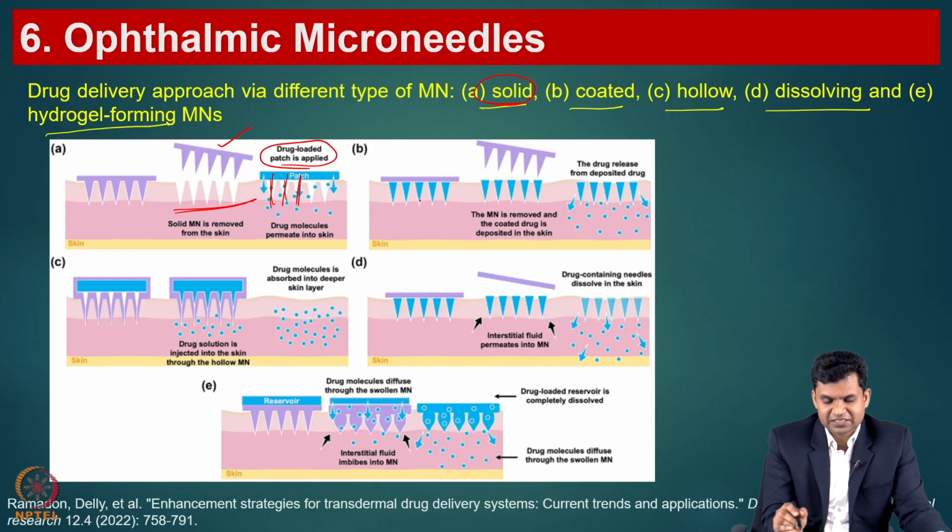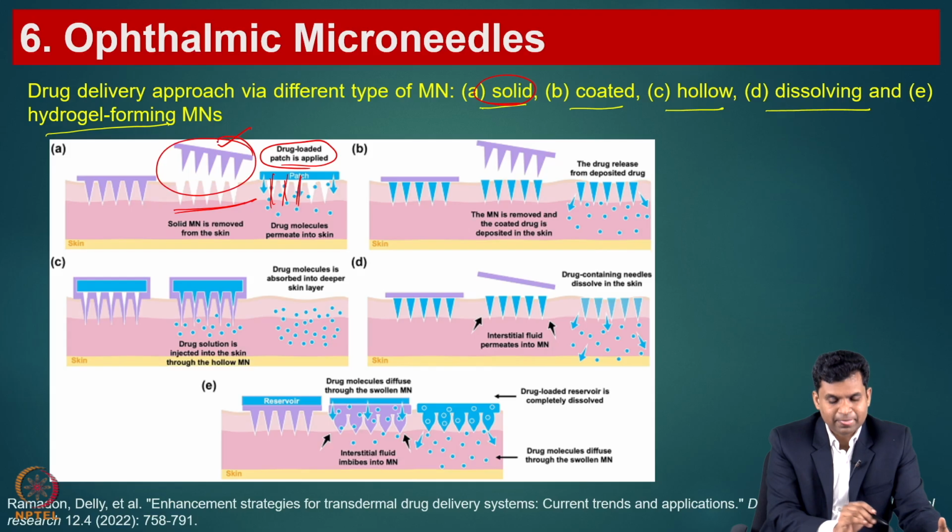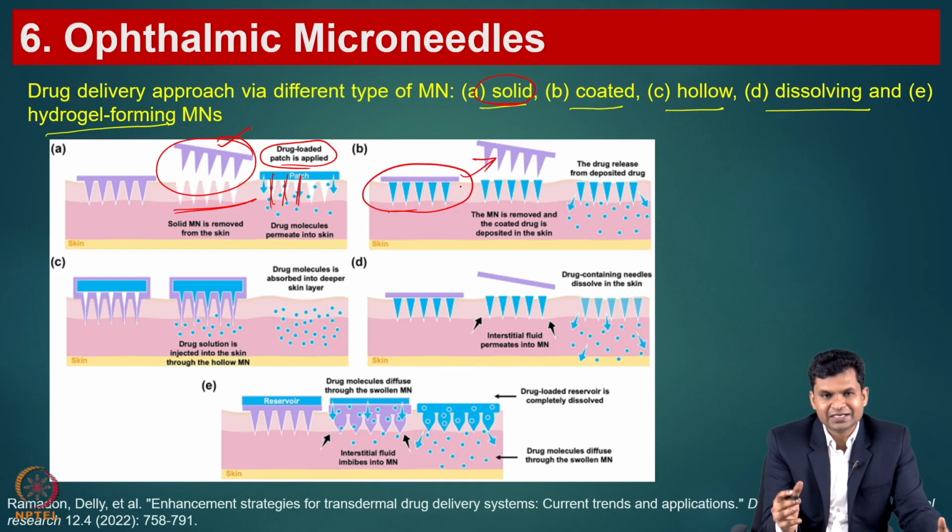Now, the second one is the coated one, the same type of needles, but coated with polymers. What we do here is administer on the skin, then remove the solid patch, and your coated material will be placed in the skin only. Later it will take water from the skin and release the drug. That is the coated one.